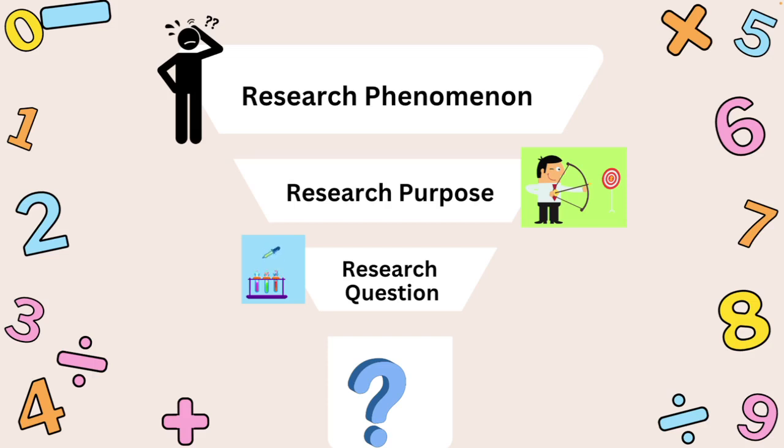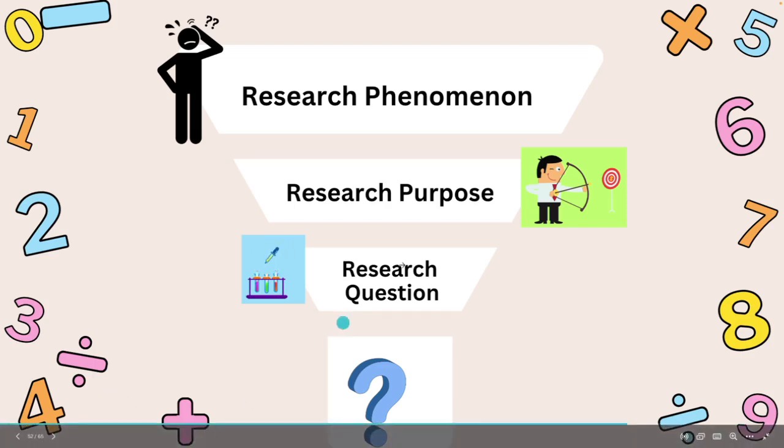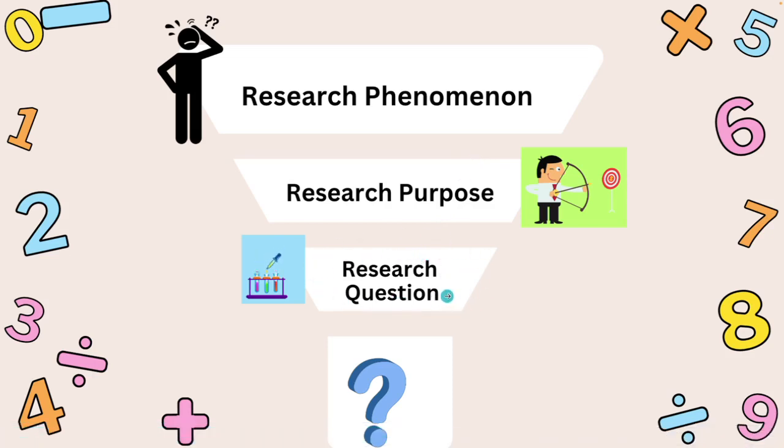And then within that big problem, there might be a very specific purpose, for example, to reduce burnout among teachers. So you develop a research question as it relates to that. That means you're going to get very specific about what the outcome variable is and what the predictive variable is that you're going to be looking at.